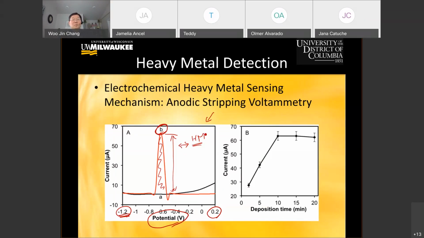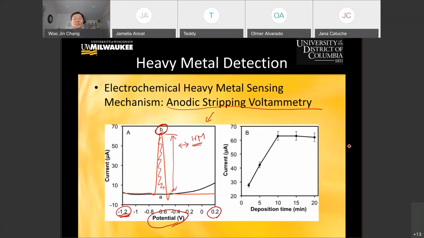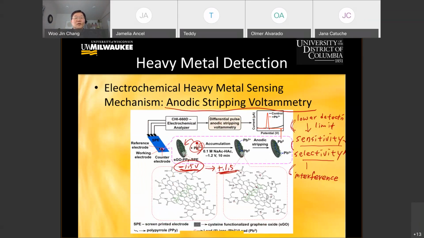So this is the method used in anodic stripping voltammetry. The advantage of this method is that I can have better sensitivity and better selectivity, as explained here. If I increase the time to attach dissolved heavy metals to the electrode surface, I can have more target molecules attached on the surface of the electrode, so I can have a better sensitivity.